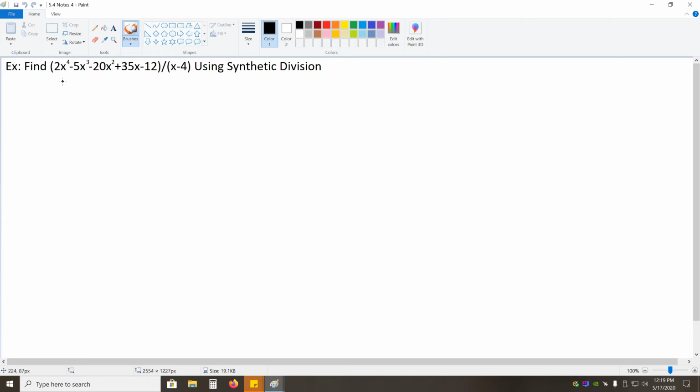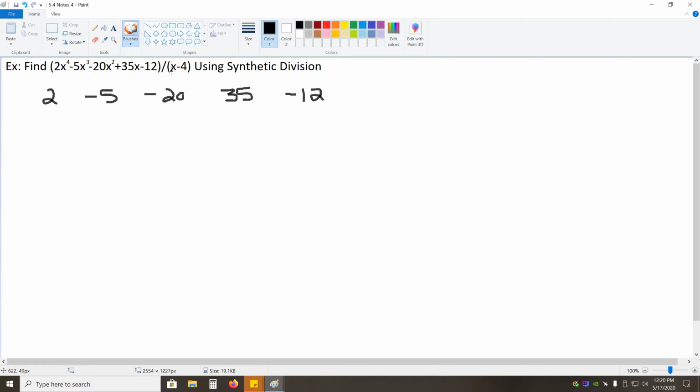Okay, so first thing we should check for is, are the exponents ordered, which they are, and are there any missing exponents, which there are not. So we just have 2x to the fourth minus 5x cubed minus 20x squared plus 35x minus 12 in the exact order it's given. We can immediately remove the x's. So we get 2, negative 5, negative 20, 35, and negative 12.